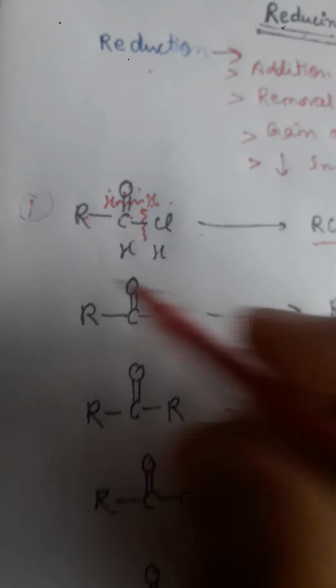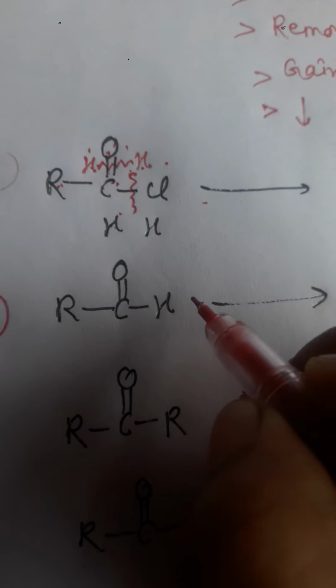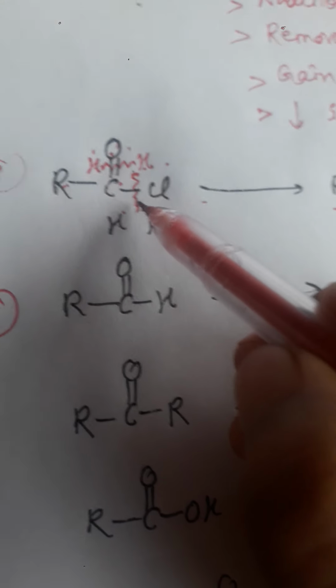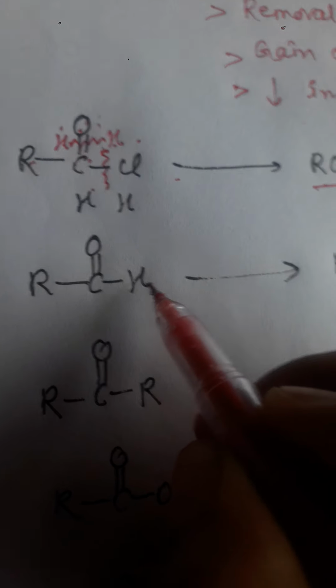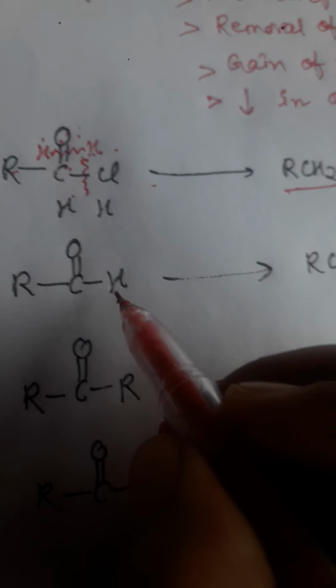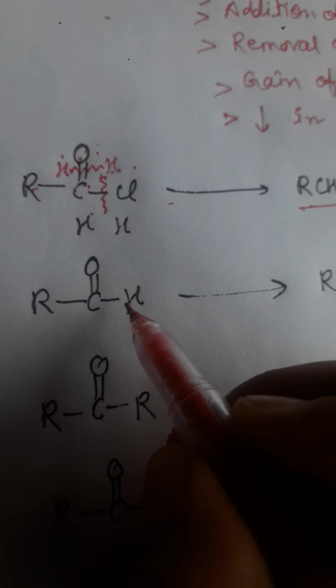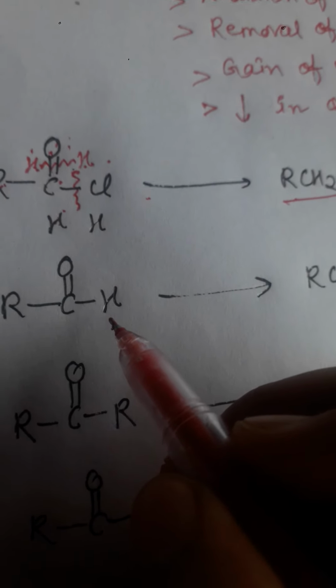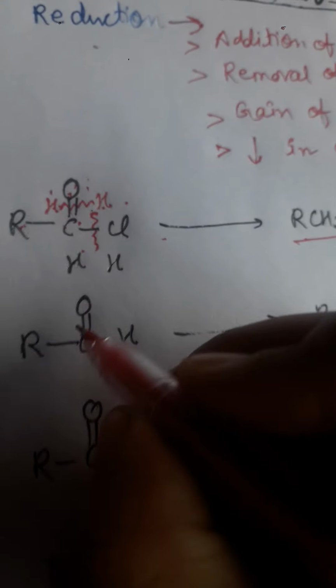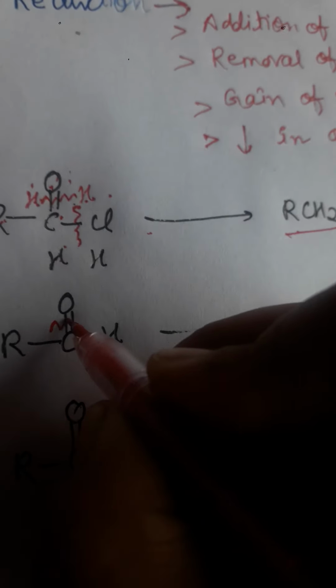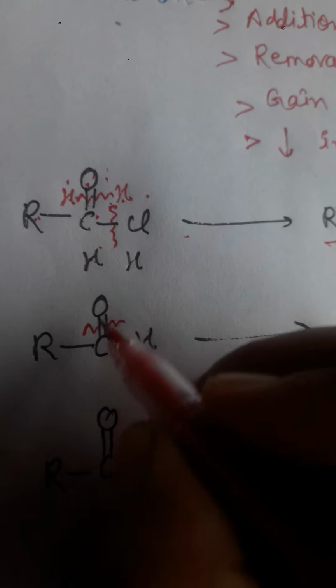Okay, now the second example is RCHO. This one is our aldehyde. The first one was an acyl halide, RCOCl. The next one is an aldehyde. In this aldehyde molecule, how will we do the reduction procedure? It's also a very simple procedure. We just have to break down this particular bond.